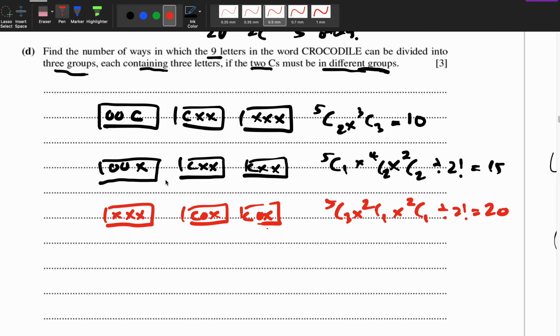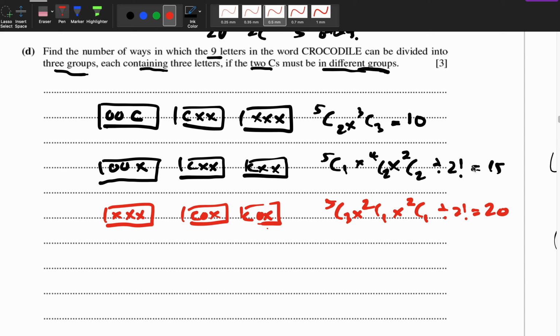Okay, any other combination that we can see? OO, 2O. OC already go here. 1O, 1C. 2O, CC, CO, CO. Any more? Okay, there is one more. Both O with C, one group, correct.